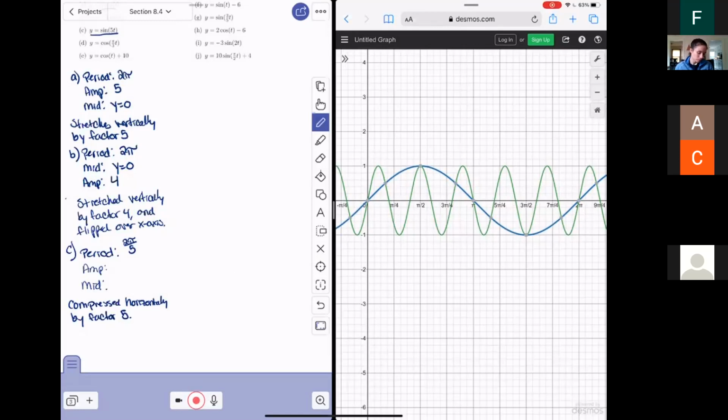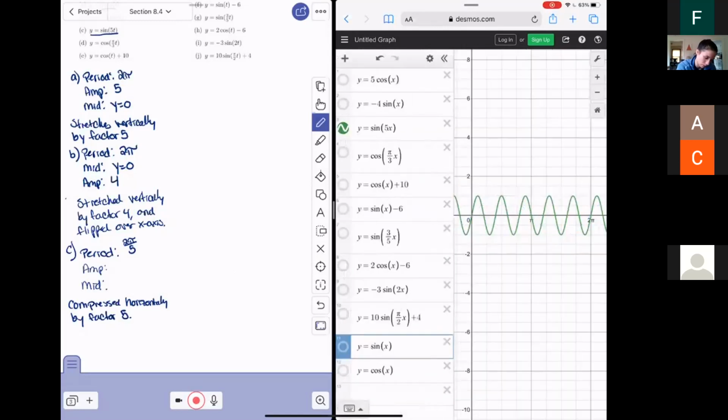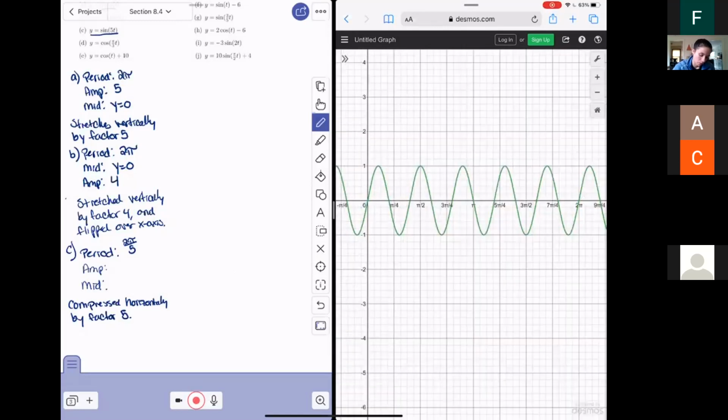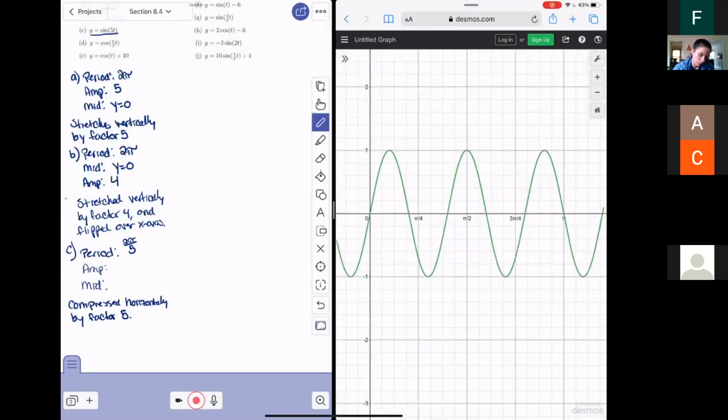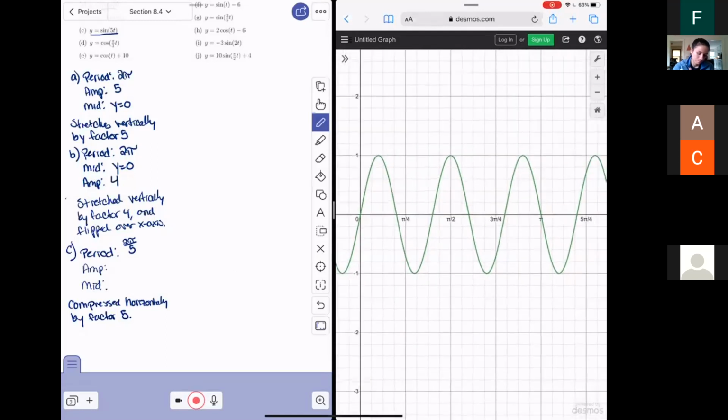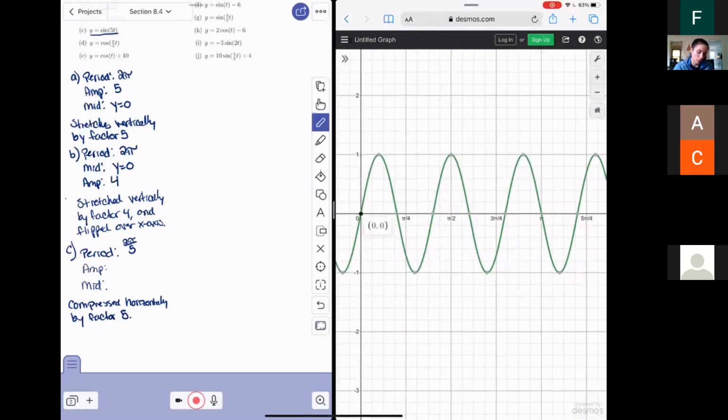Okay. So now let me get rid of this second graph so it's a little less messy. We'll zoom into about one period. So we know that our period is 2 pi over 5. What is the midline?